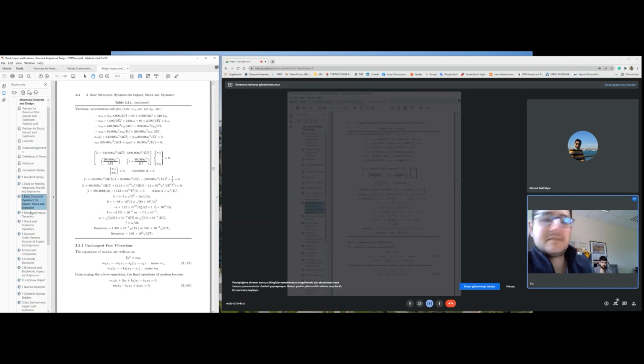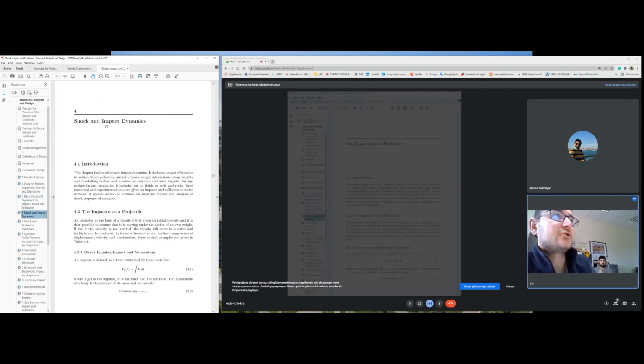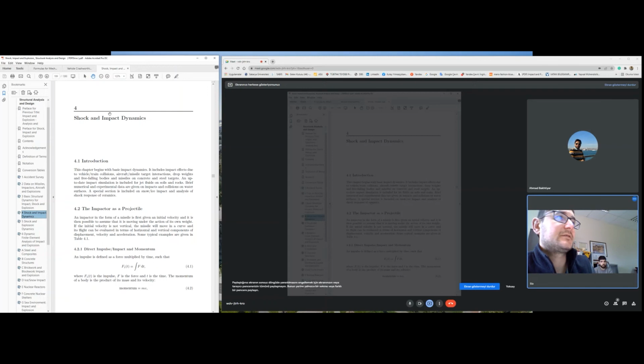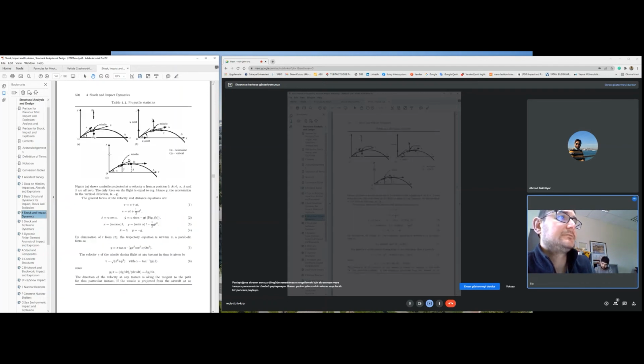Okay, after that, chapter 4 is important, shock and impact dynamics. Especially for us, chapter 4 is very important, but 4.5 and 4.6 are much more important. Let me continue.